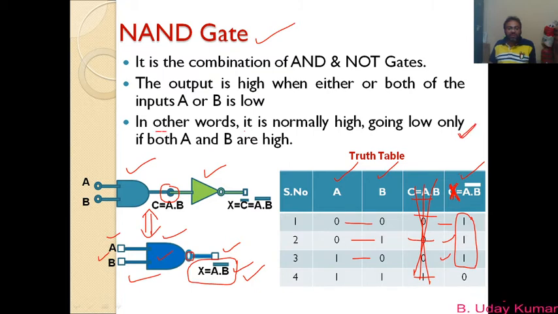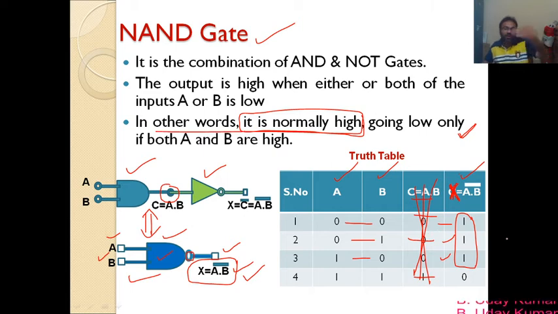In general, it is normally high. Why do we say it is normally high? Because out of 4 combinations, in 3 we get a high output. 1 means high voltage. So we say that the NAND gate is a gate whose output is normally high.